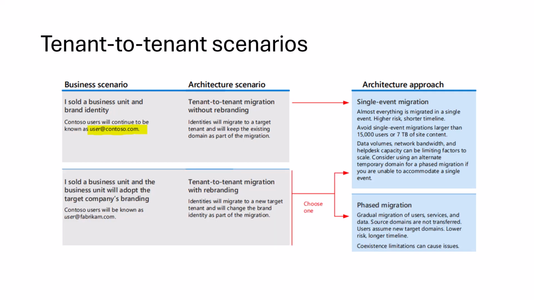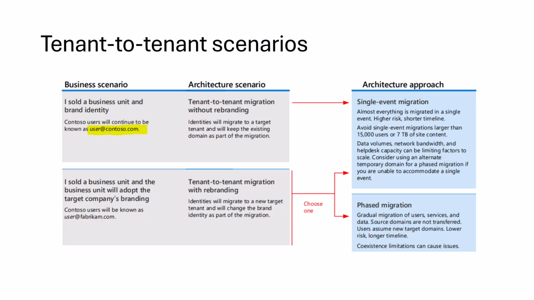Other scenarios would be that we see a business unit being sold off, but as part of the merger or acquisition, they are moving into the branding of the target company. So even though the source tenant or the sold company would be using, like in this example, Fabrikam, they might be moving over to the target tenant that is using Contoso.